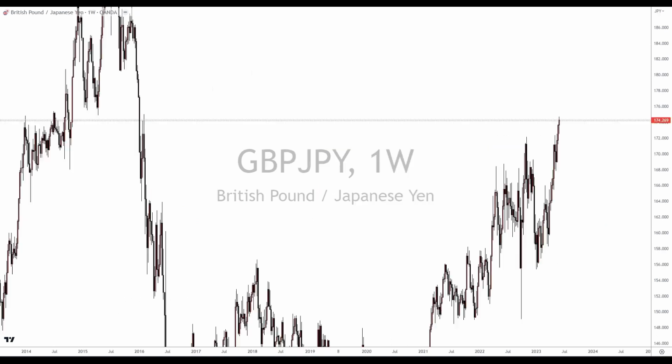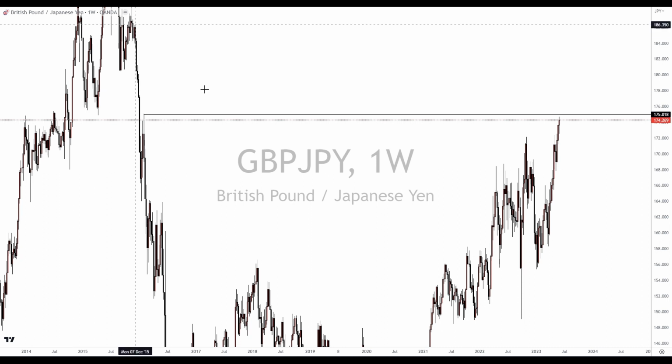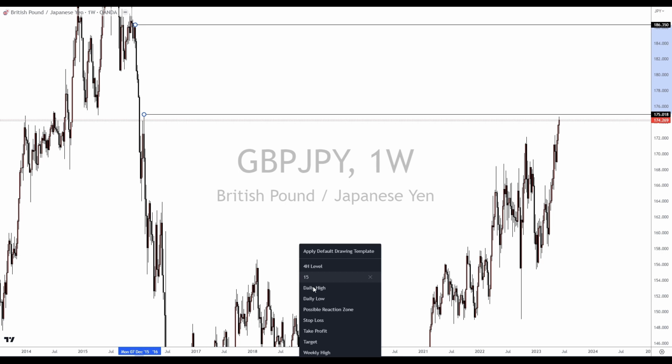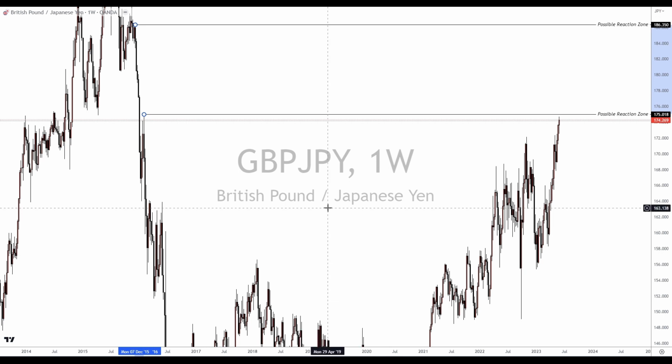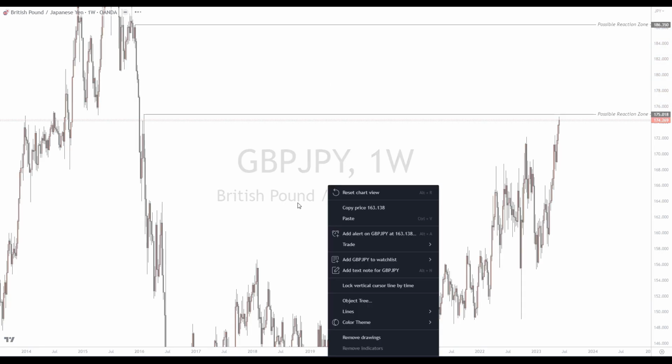Now move to GBP JPY, and with GBP JPY we have to start on weekly, because daily and 4-hour don't have any recent structure on them. You will see when you drop down. I'm going to mark these possible reaction zones on weekly, and I know they're a little bit absurd because they're very far from each other, more than 200 pips between.